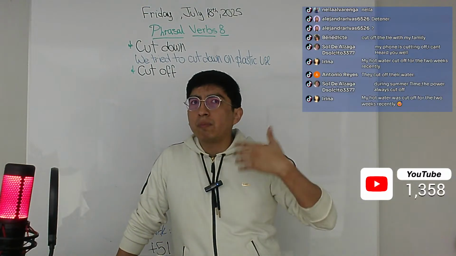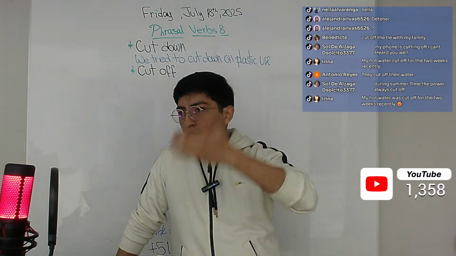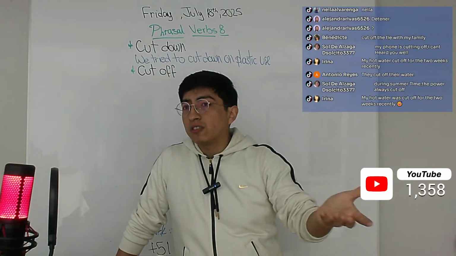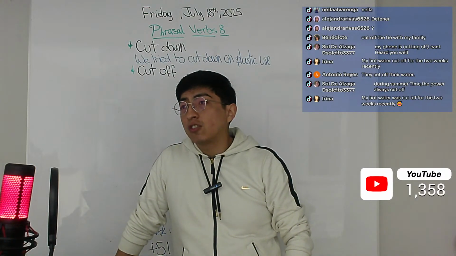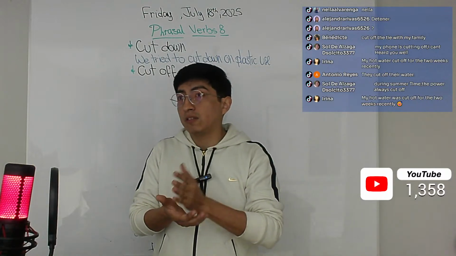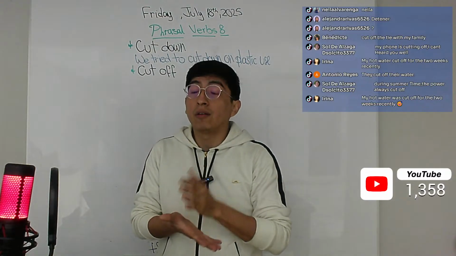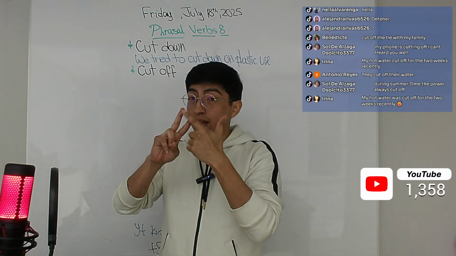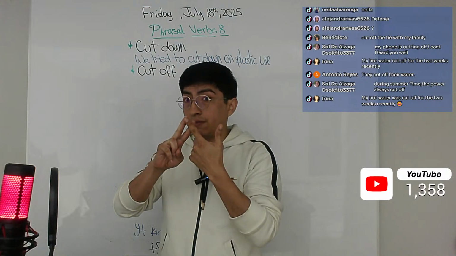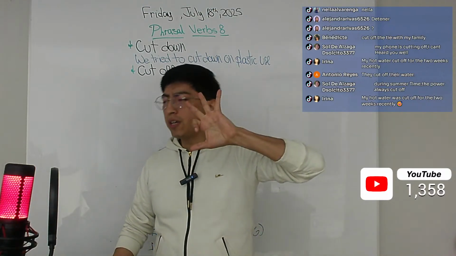I was giving my point of view when she cut off what I was saying. So she interrupted me when I was speaking. That would be the second meaning of cut off.